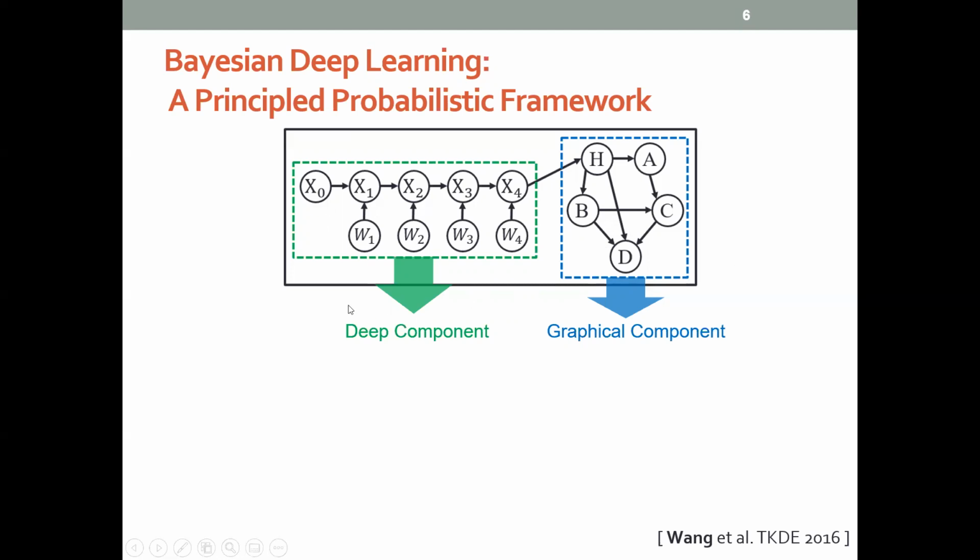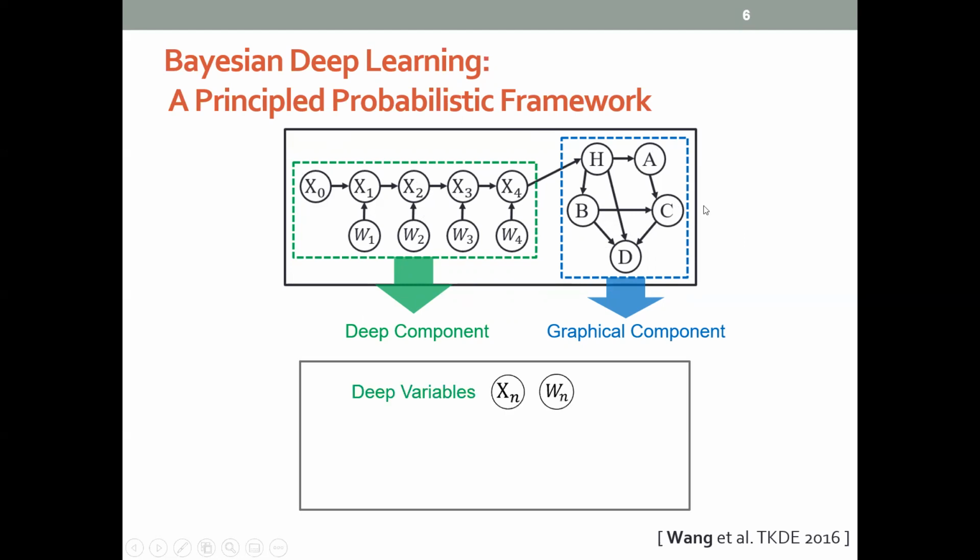So basically, any model under this Bayesian deep learning framework will have these two components. And here, we separate the variables into three sets. We have the deep variables, which are the variables inside the deep component.